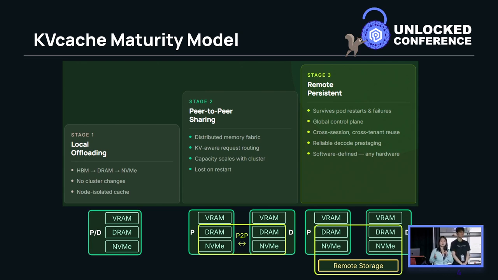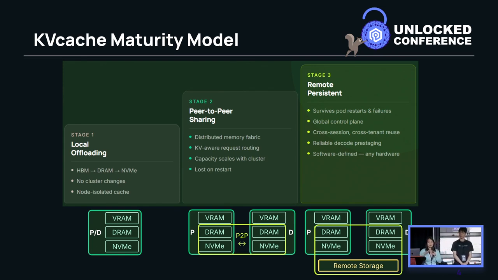On the host itself, there's DRAM, which is the RAM that most of us know and have learned about. And of course, there is the NVMe disk tier. As you move down the tiers, you get access to more memory. Of course, there's no free lunch. The trade-off is that the bandwidth goes down an order of magnitude every time you move down. So at the disk layer, you might be looking at gigabytes per second instead of terabytes per second.